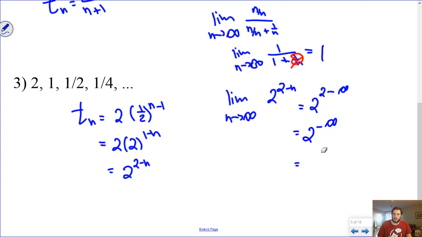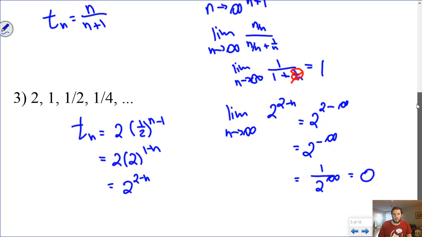So this is 1 over 2 to the power infinity, because if I take my negative exponent here, it flips it, we get the reciprocal. And 2 to the infinity, an infinite number of 2's being multiplied, is going to give me infinity, so this thing becomes 1 over infinity, and again, that is 0.